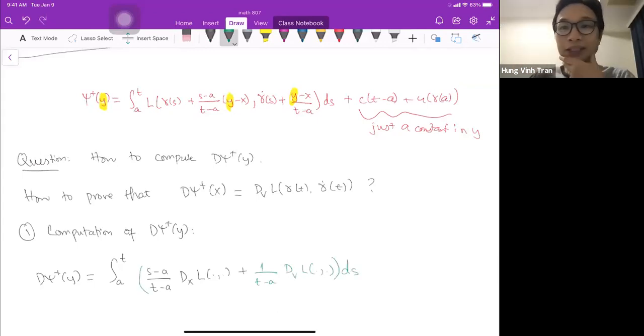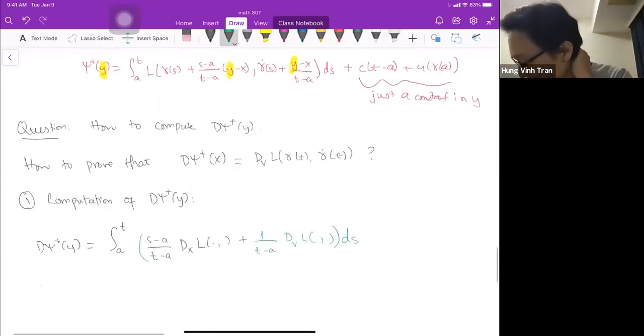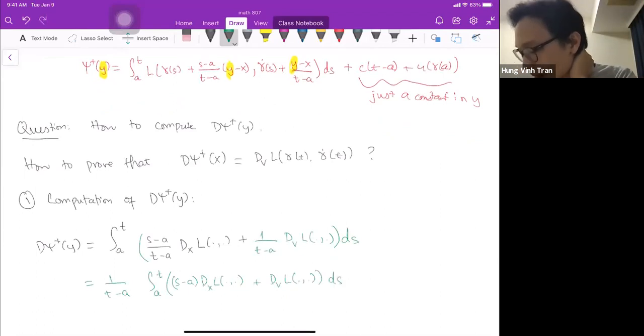So that's a gradient. Each of the D_x and D_v is a vector, right? So everything is consistent. Let's pull the 1 over (t minus I) out. So this is the integral from I to t of (s minus I) D_x L plus D_v L ds. This is the best I can do.